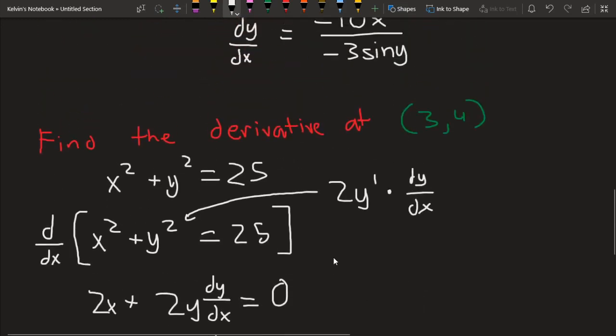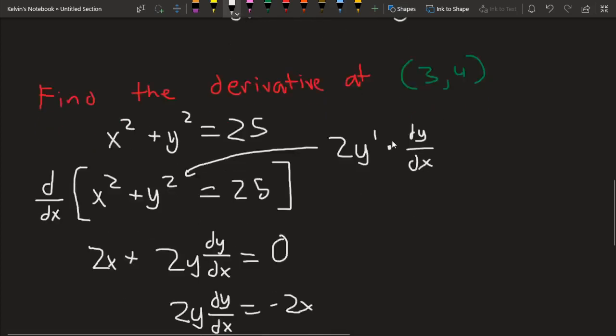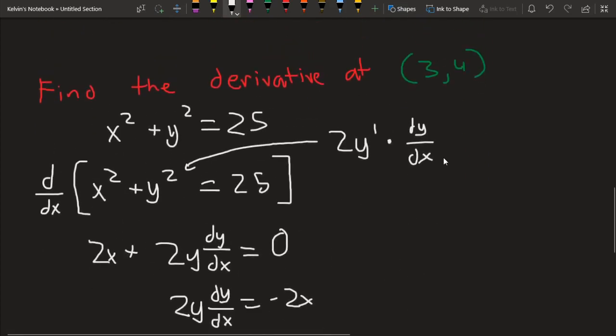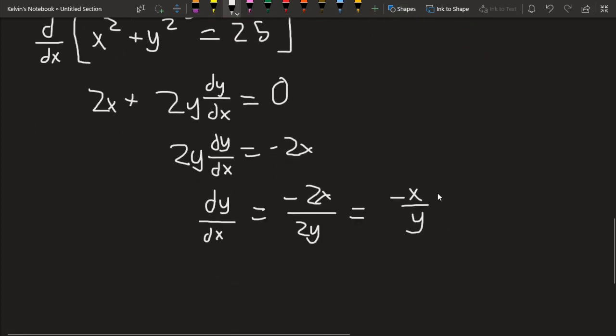But now since we are asked to find the derivative at the point 3, 4, what we do here is we plug that in. So the way we show this is we draw a line, and then we write the coordinates in. So I'll write the coordinates, 3, 4.